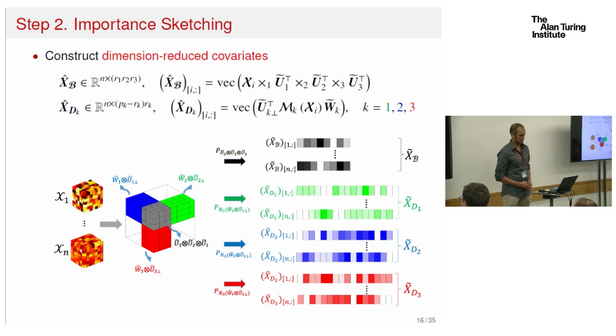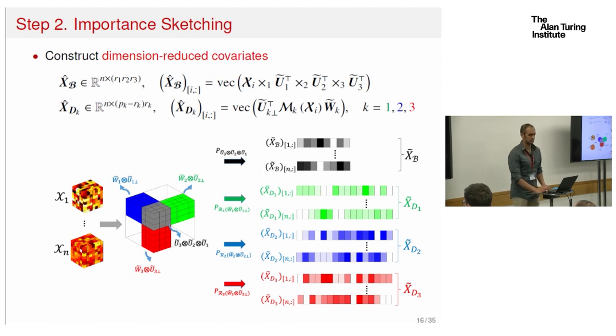Okay, so the next thing is where we actually develop our sketches of the data. The first step was getting the right sketching directions through these U matrices and W matrices. Now we take our original full data and multiply to get the directions that we're really interested in through these U and W matrices.